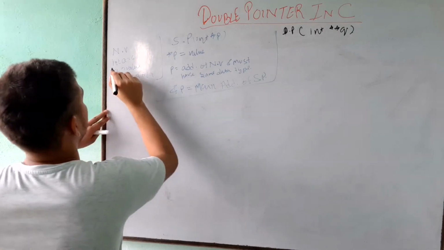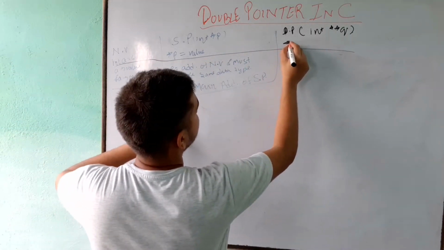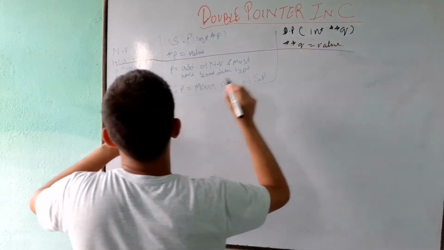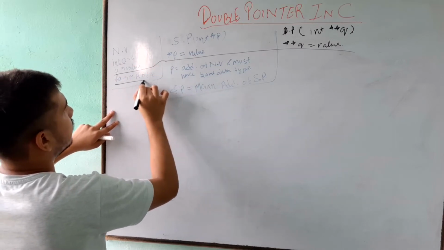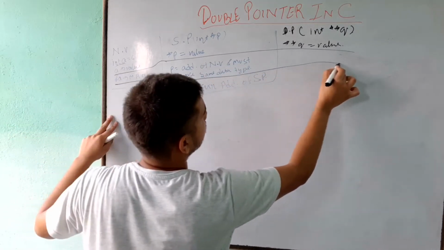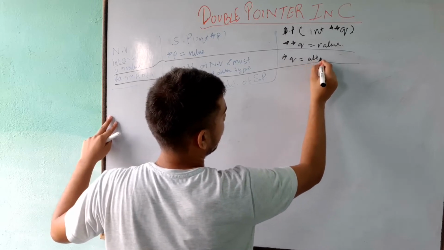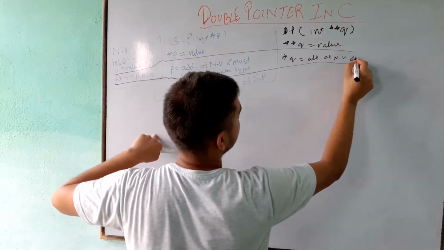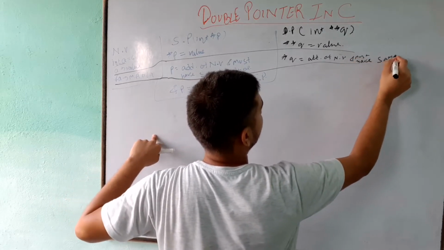Now let's go through this line. Here **q will hold a value. Just look at the pattern. Sorry, this line should go like this. *q will hold the address of a normal variable, same line, and must have the same data type.